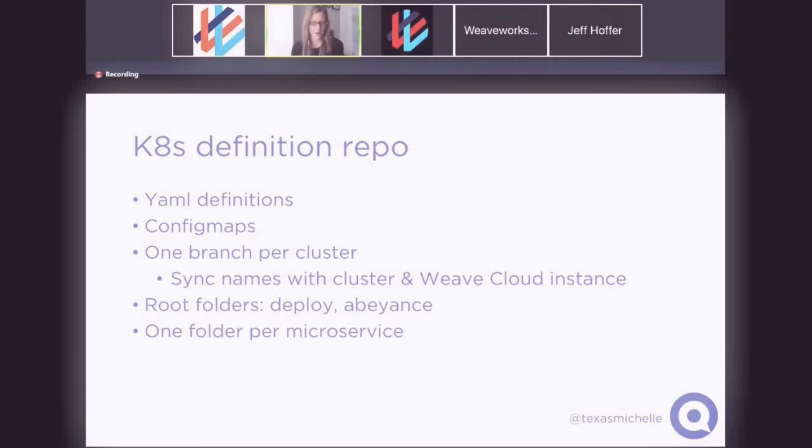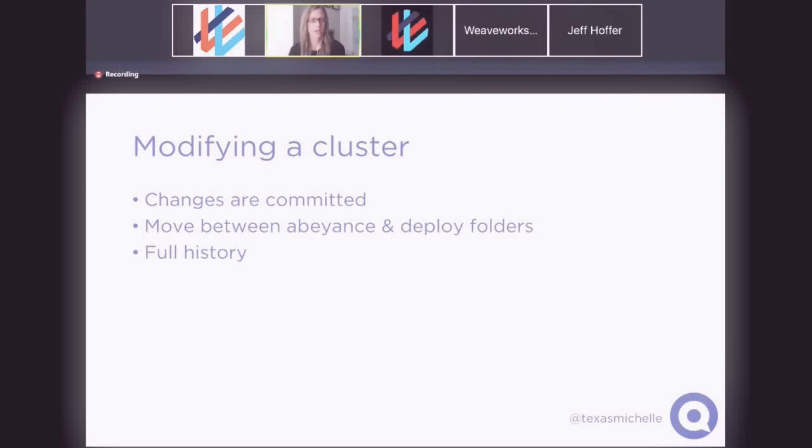But right next to that, we also have an abeyance folder with all of the stuff that's on deck. So if we've taken a service out of a cluster for some reason, maybe we have some changes that we want to make, we'll temporarily move it to abeyance and commit that change. That way Weave doesn't look at it and it can leave it alone. We can deploy it manually for a while until we're ready to automate it. But essentially that repo becomes both a working area and a single source of truth, and we can maintain that all together per cluster by just having a different branch.